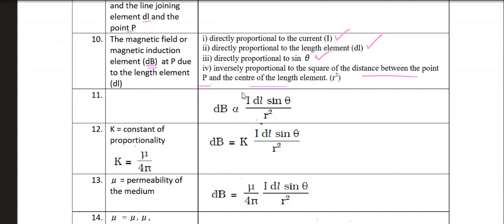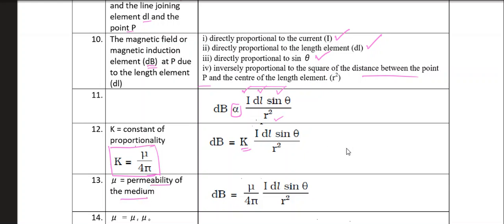So which are all the parameters? I is the current strength, dl the length element, theta the angle, and r the distance between the point and the center of the length element. Now, when we remove the proportionality, we have to introduce the proportionality constant K, which is given by mu divided by 4 pi, where mu is the permeability of the medium.